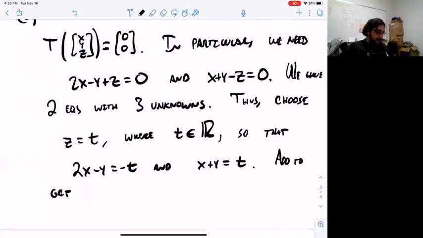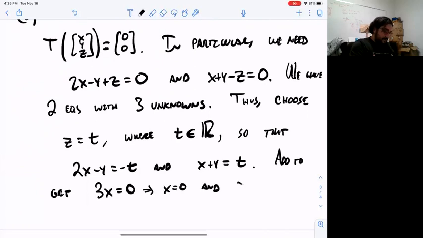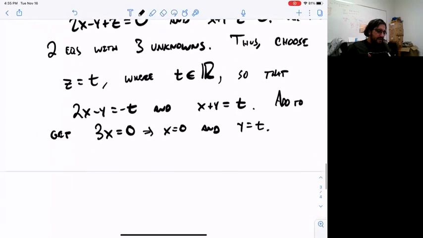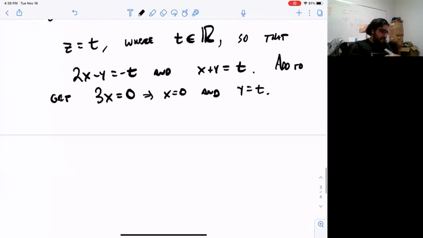If I add these equations, I get that 3x has to equal 0 because the y's and the t's both cancel. So I get 3x equals 0, which tells me that x has to equal 0. And if x equals 0, then I can plug that back into either equation to get that y equals t. So what I have now is a whole line, right?